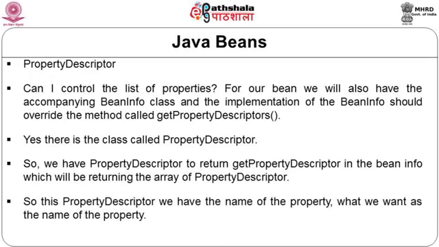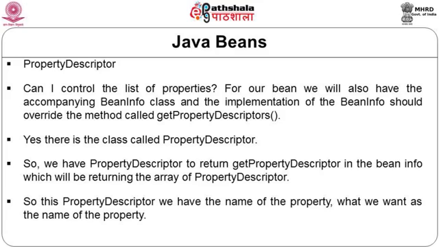Can I control the list of properties? Of course, we have the method. What we need to do is, for our bean, we will also have an accompanying BeanInfo class, and the implementation of BeanInfo should override the method called getPropertyDescriptors. There is a class called PropertyDescriptor. So, the getPropertyDescriptors method in the BeanInfo returns an array of PropertyDescriptor. Fine.